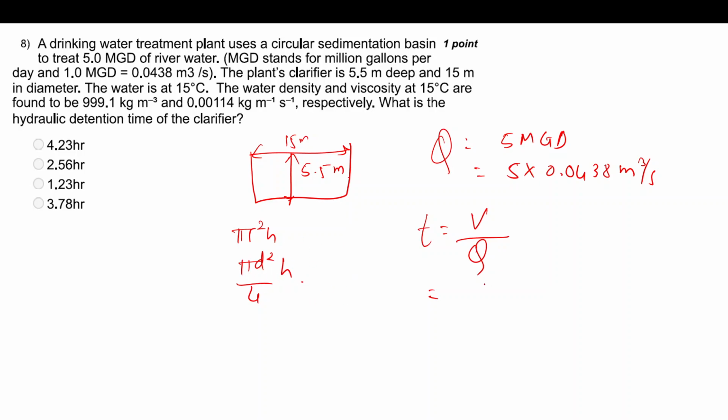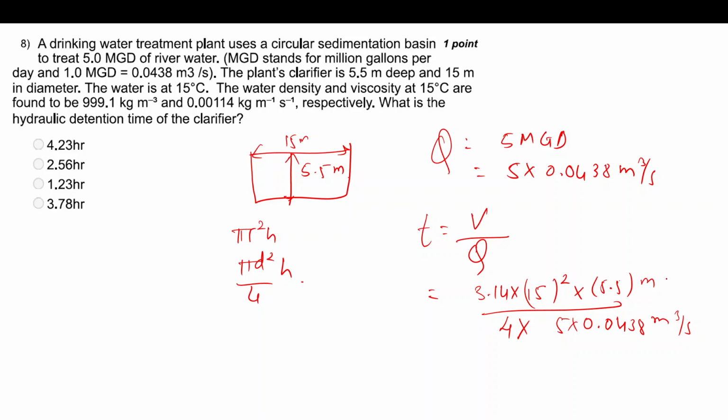So if you put everything: 3.14 into diameter 15 square into h 5.5 divided by 4, and the flow rate you are given is 5 into 0.0438 meter cube per second, and this is in meter cube volume.